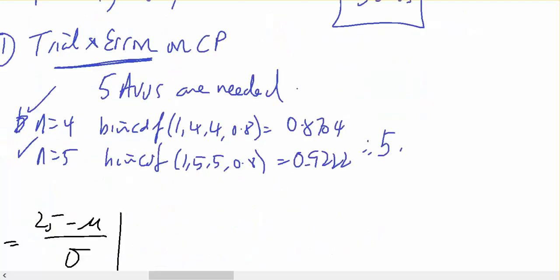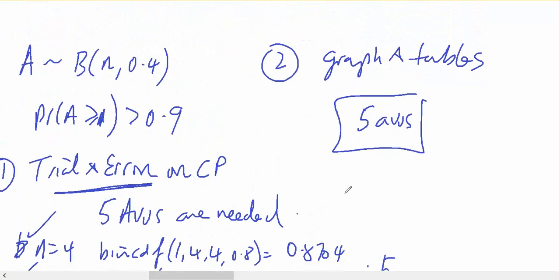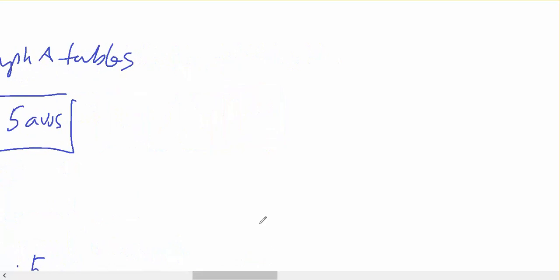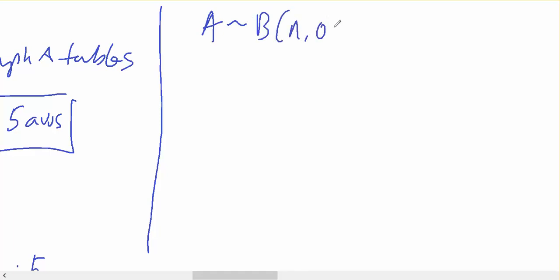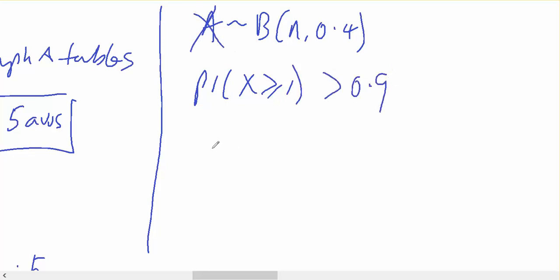And method number 3 is the method that you would need to use if you were using by-hand methods. So avocados are binomial, n, 0.4. We want the probability that X is greater than or equal to 1 to be greater than 0.9.